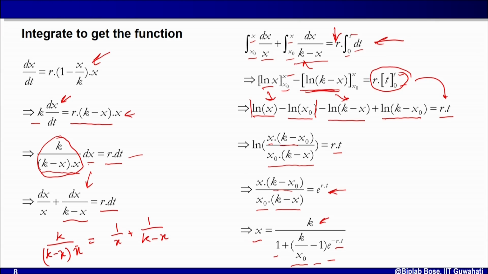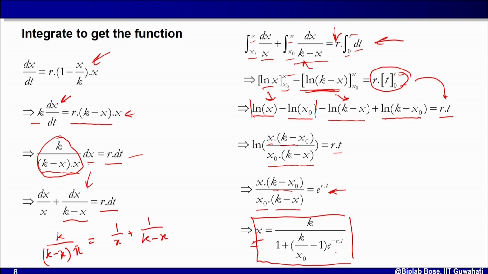You can try this rearrangement yourself. You will see it is a very simple rearrangement. So this is the final function that I have got here: x equals K by 1 plus (K by x naught minus 1) into e to the power minus RT.